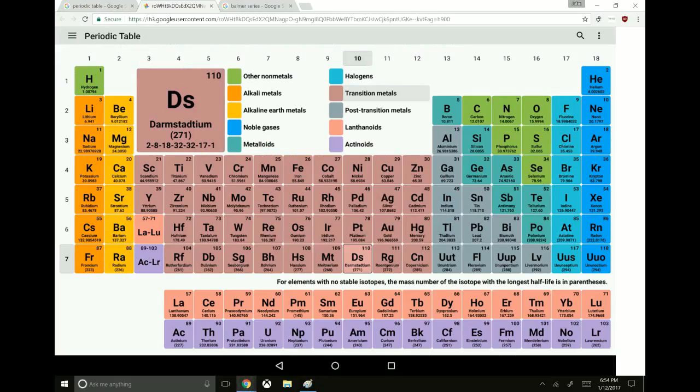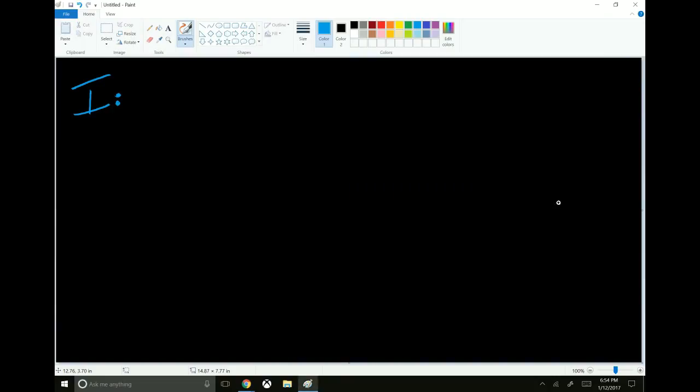Come over to the periodic table. Iodine is element 53. Okay, so it's going to have a total of 53 electrons.